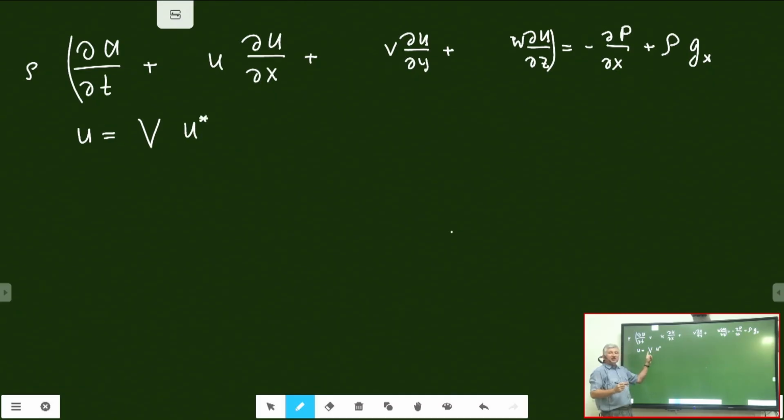So this is the scale, and u star is simply the physical function u divided by the scale v. Okay? So similarly, I will have t, which will be capital T multiplied by t star.